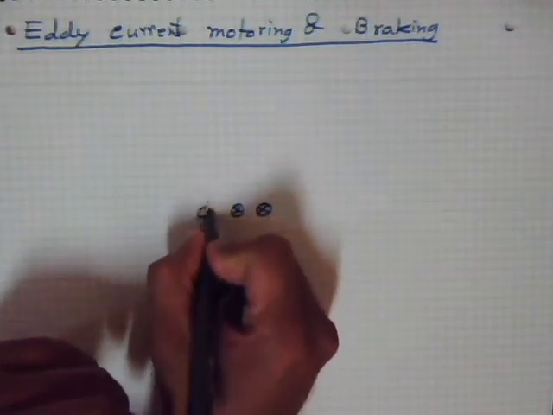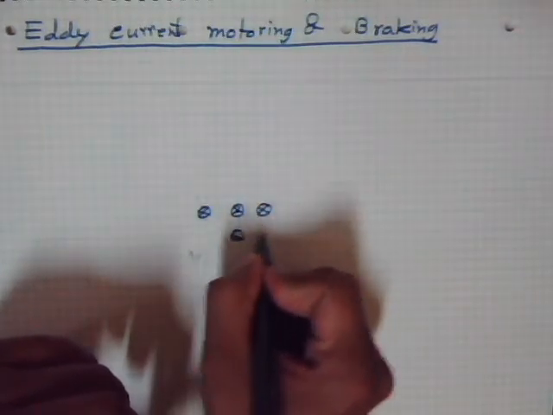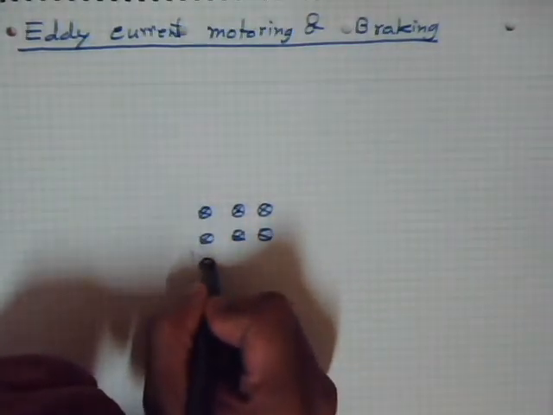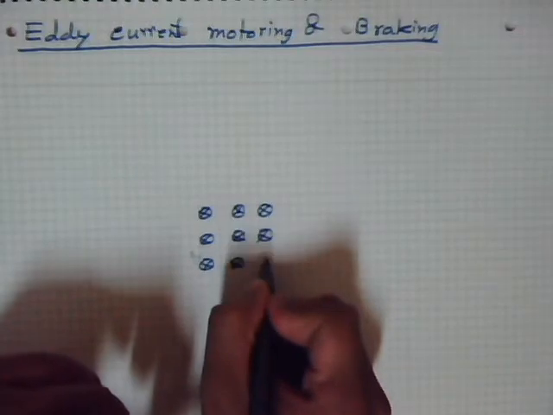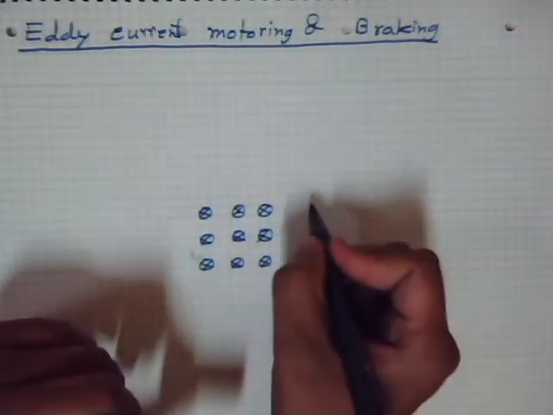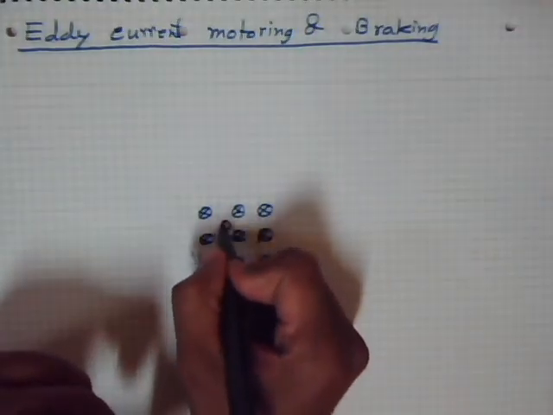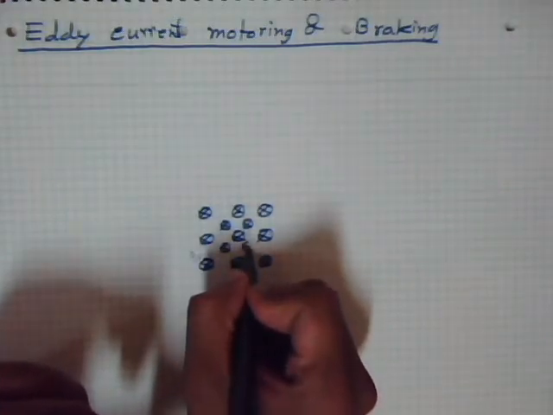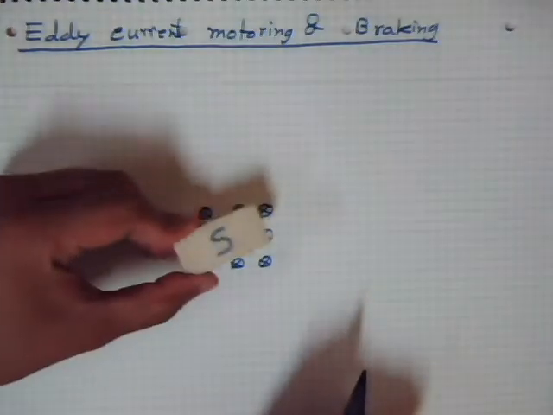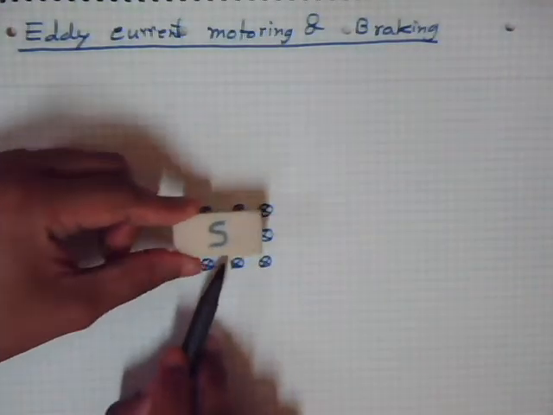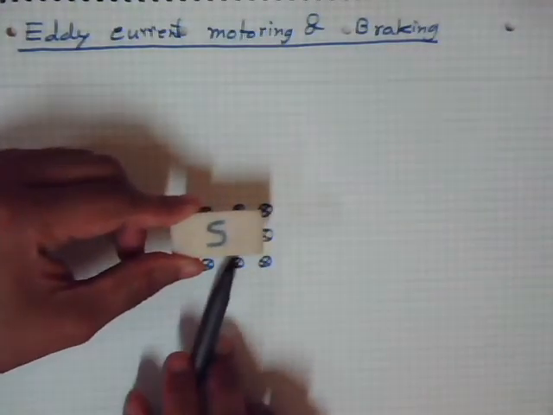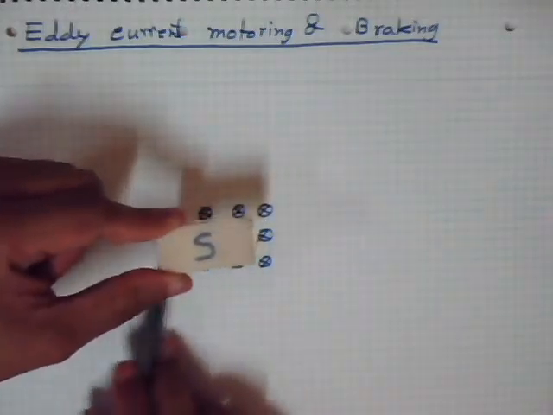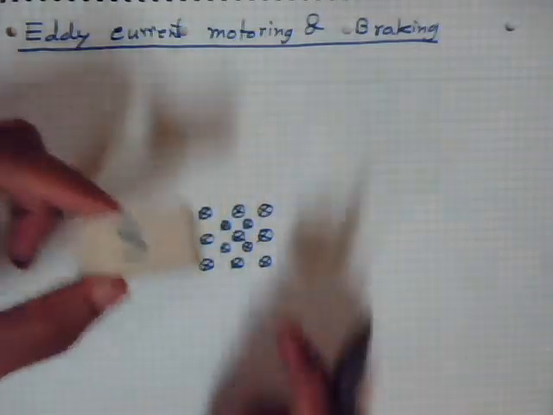So this is the set of flux entering the sheet, and let me draw more flux near the center, as the density of flux falls off from the center towards any of the sides.